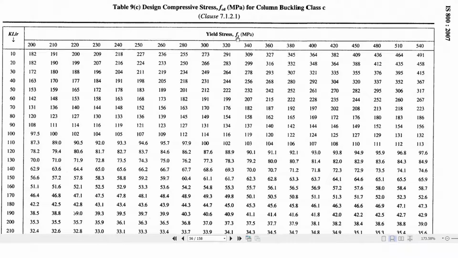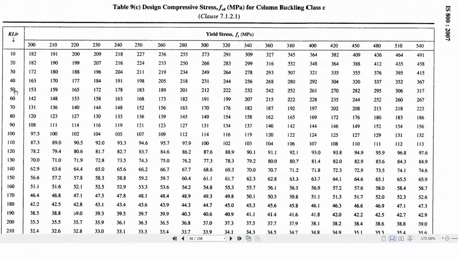One is the yield stress of the material which I am using, and the other is the slenderness ratio. Yield stress is 250 because we are always using mild steel as a structural steel member. The slenderness ratio for our given member is 51.54.